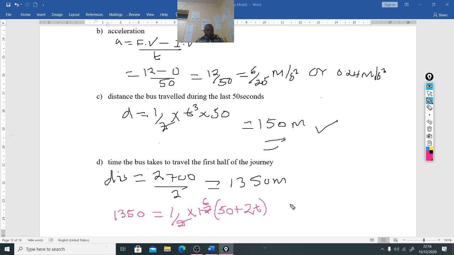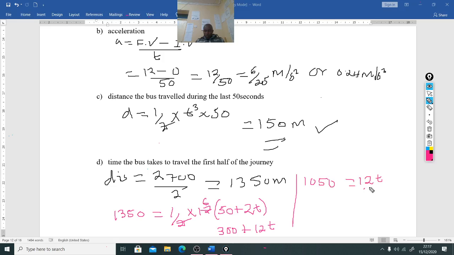1350 minus 300 will remain with, so this will be 300 plus 12t, which is equal to 1350. You take 300 to the other side. Subtract 300 from 1350, it remains 1050. 1050 equals 12t.